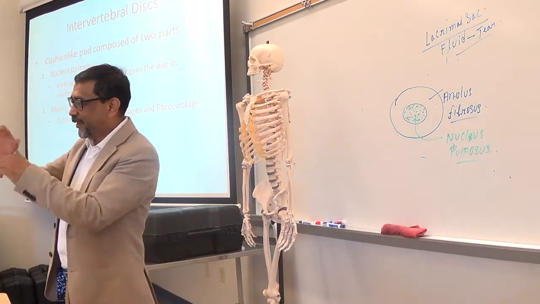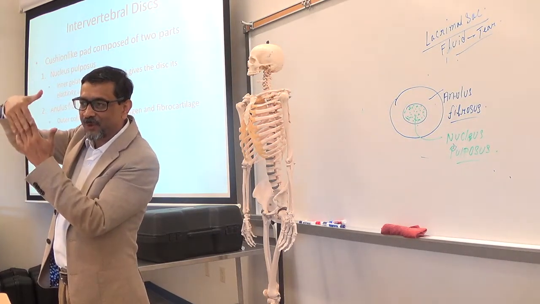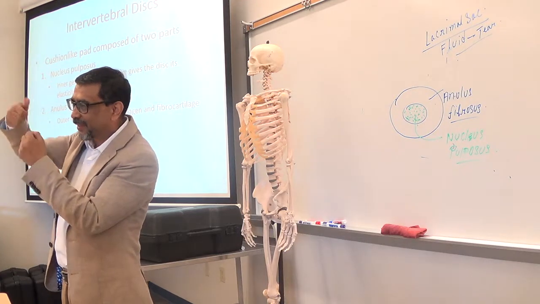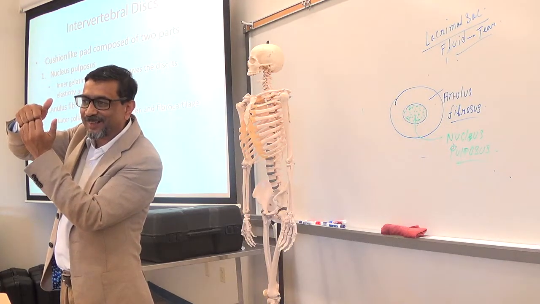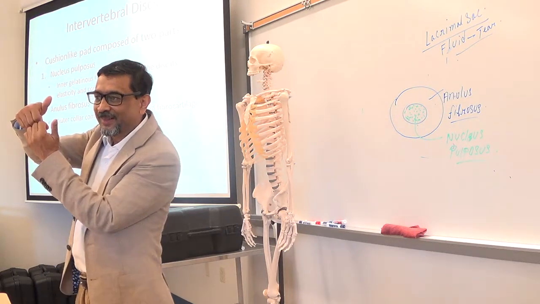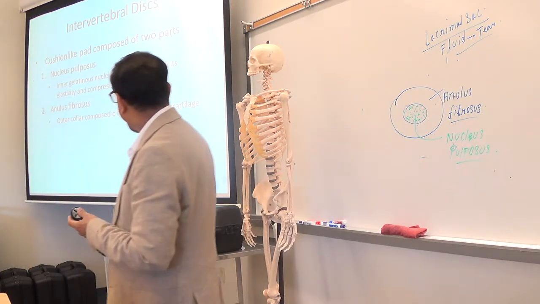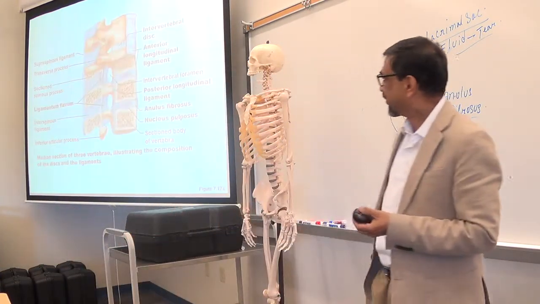So when intervertebral discs are keeping them separated, they don't come close to each other, right? But if it gets thin, then what will happen? The bones will come close to each other, right? Then new bone tissue will start to form, right? So that also happens. Anyway, so that's the intervertebral disc.